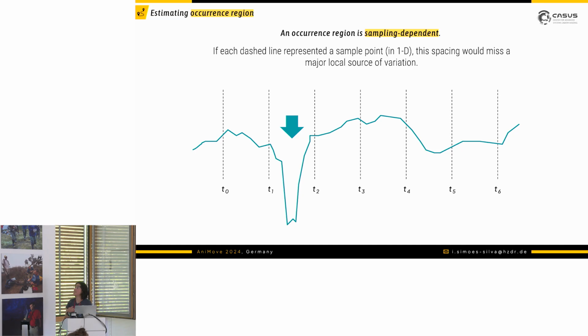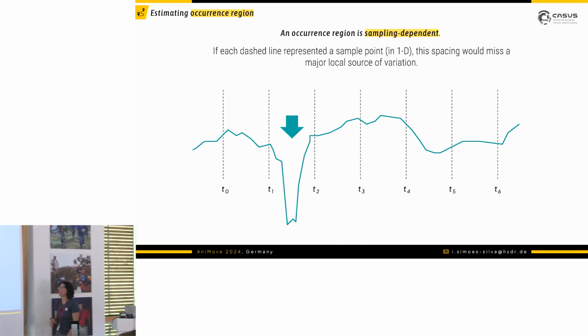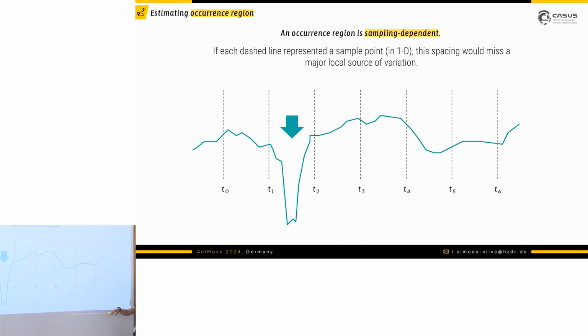But like I was saying, the occurrence region is sampling dependent, so you have to be careful to not lose local sources of variation, right? This is just a visual example, so it's easy to understand. If you have a series of values, this would essentially be the true values that are being collected, or the true trajectory of the individual. And these are the sampling points, the first location, second location.